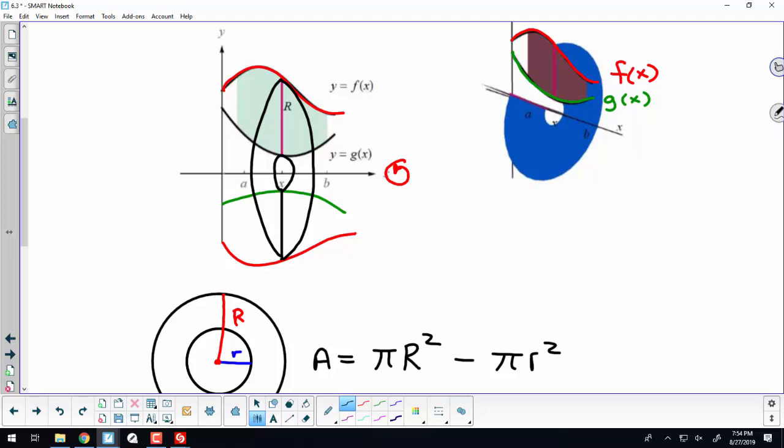The outer radius is this measurement or this distance, and my inner radius is from the bottom function to the axis of revolution. So that's my little r.